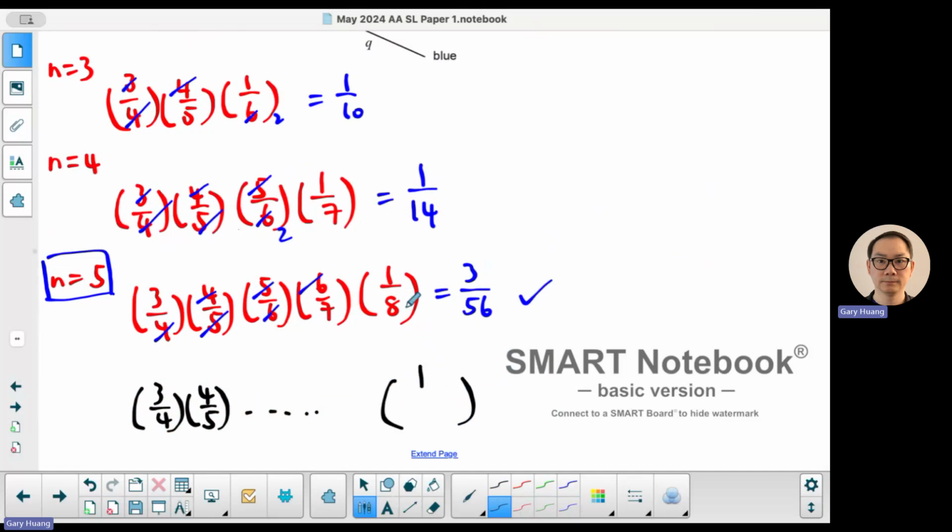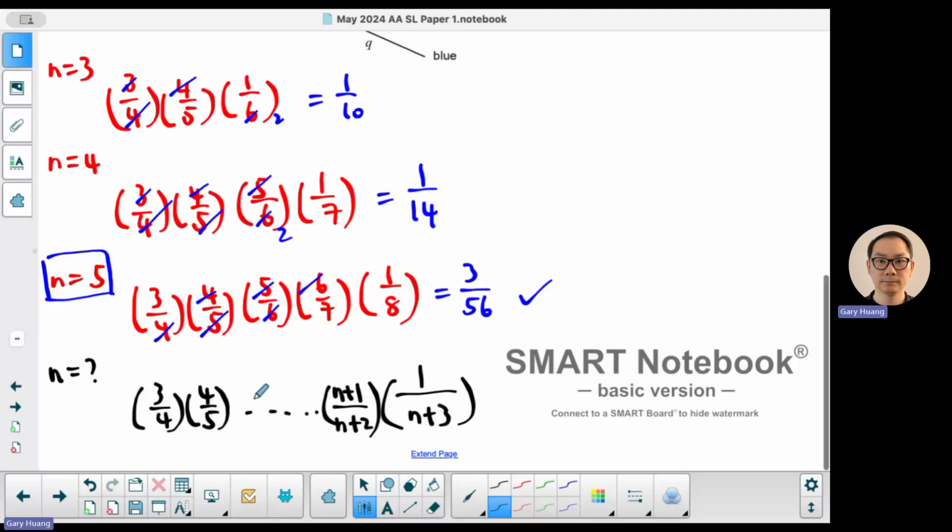Well, the last one is always going to be 1 over this. See how 5 and 8, 4 and 7, 3 and 6. So this is always 3 more than whatever the n is. The second last term is going to be 1 less than this guy. So it's going to be n plus 2, and that's going to be n plus 1.